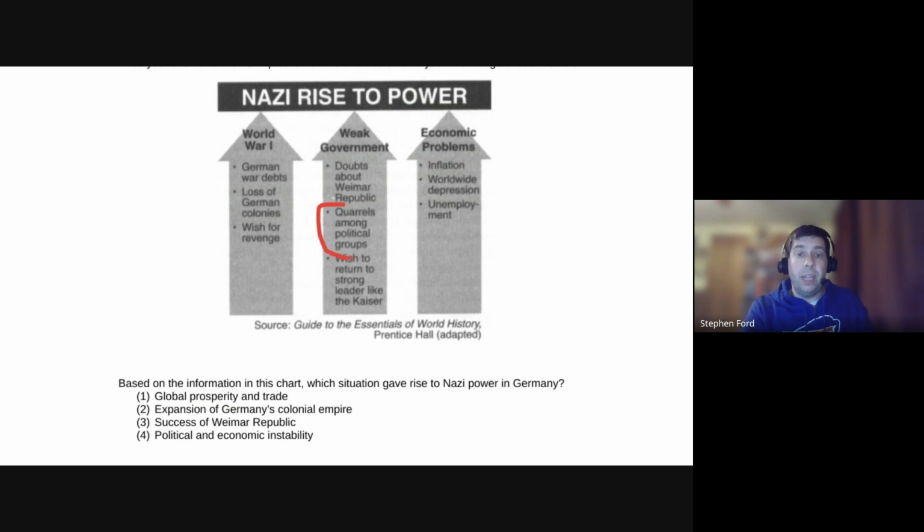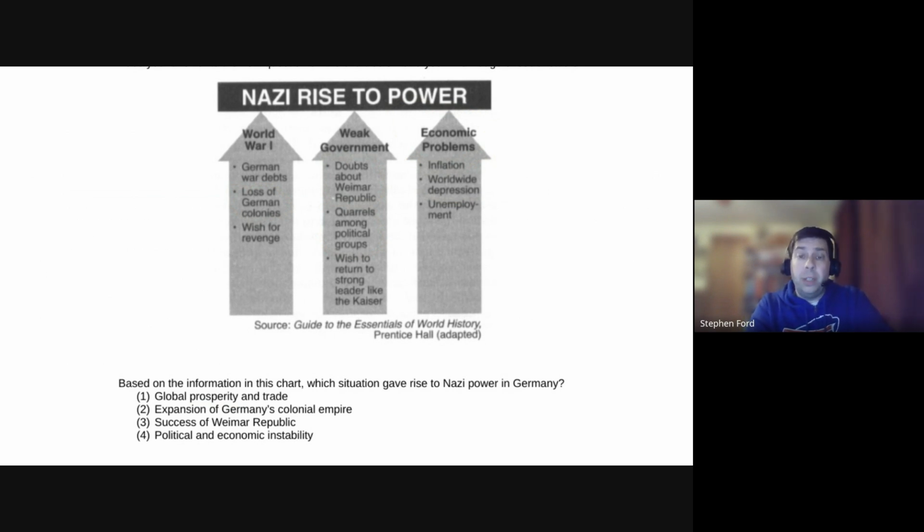Things aren't super stable. We have quarrels among political groups, and we have all these economic problems, unemployment, depression, inflation, the value of money going down, prices going up. The answer is 4. But again, you should have been able to eliminate the first 3 pretty easily.